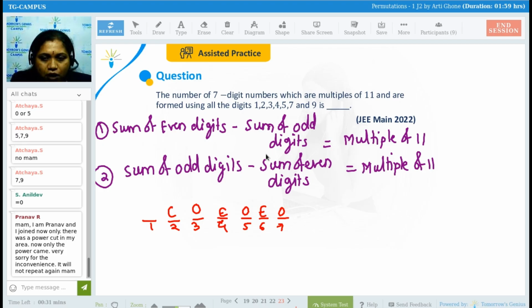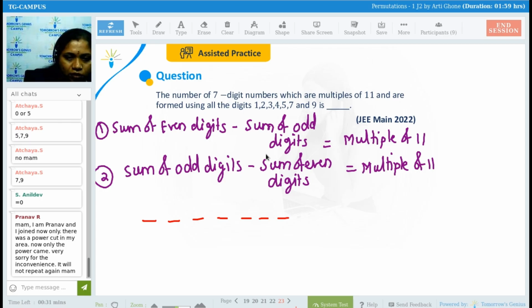Now we need to assume a number over here. So let's assume a number which is a 7-digit number. It will be A, B, C, D, E, F, G. So these are the 4 odd place digits.